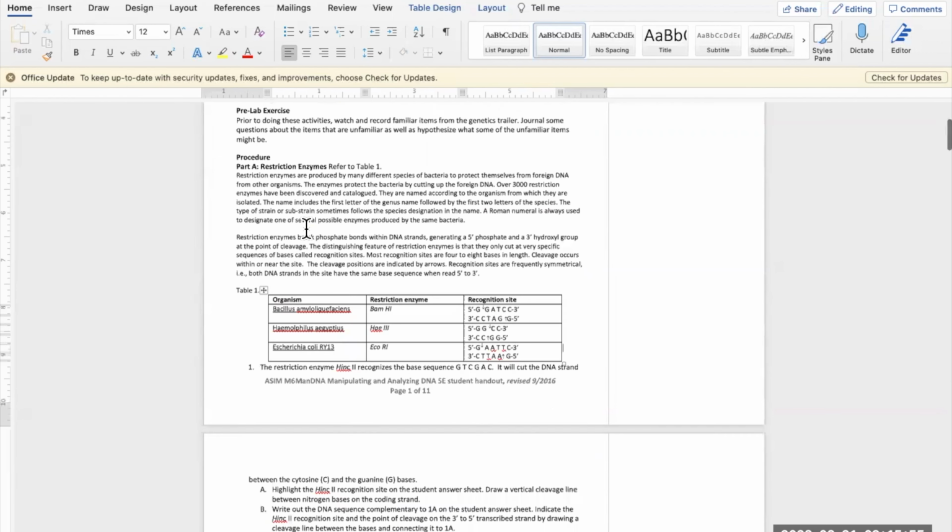You guys are going to highlight with a real highlighter. And you're also going to make the 3' strand, so the non-template strand. Remember, in DNA, T bonds with A, A bonds with T, G bonds with C, C bonds with G.